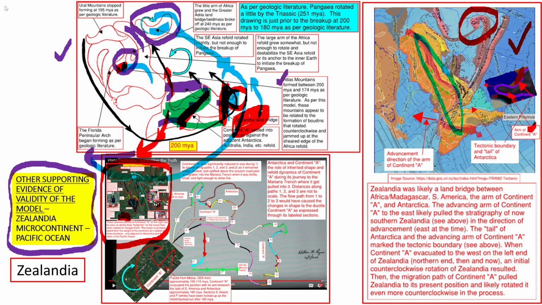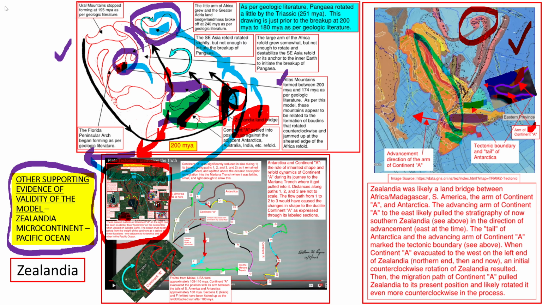So you can see, okay, this would be South America right here. I'll do purple for the arm of continent A like this. And I'm doing it in yellow here. This is the tail of Antarctica. You can't see that. Tail of Antarctica is here.